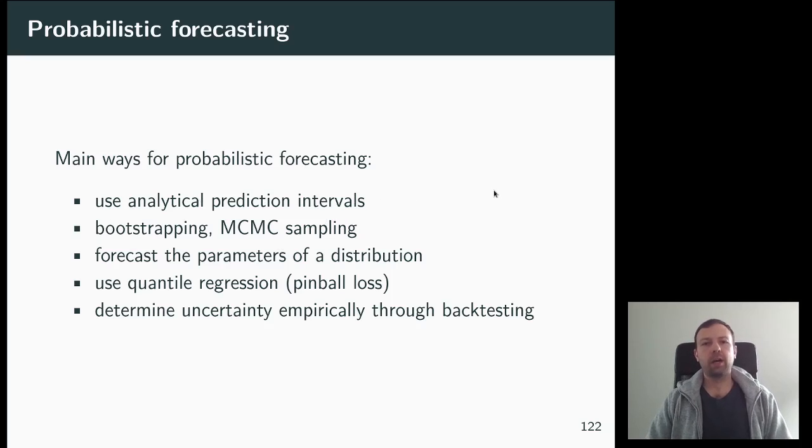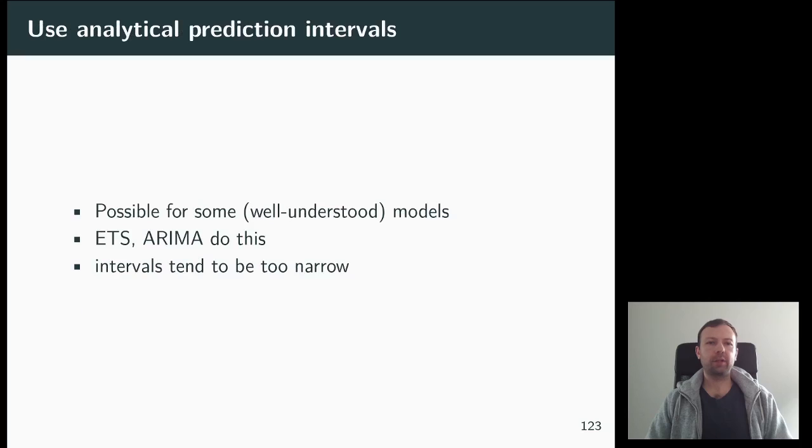You can do analytical prediction intervals, you can do bootstrapping or MCMC sampling, you can forecast the parameters of a distribution, you can use quantile regression, or you can determine the prediction intervals just empirically through backtesting. I'm going to go quickly through these different options.